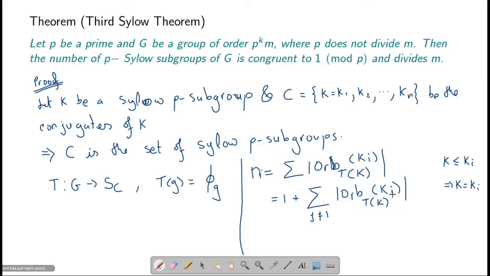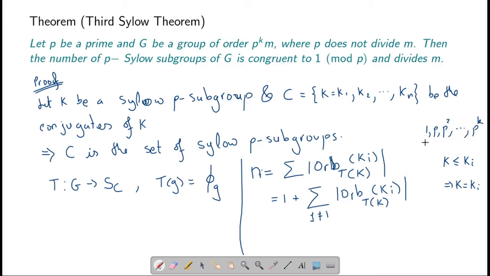But the possibilities for these, like we have seen in the previous theorem, are only 1, p, p squared, because this should divide the number of elements in T of K, but the number of elements in T of K divides the number of elements in K, and the number of elements in K is p raised to k. Hence this can only be 1, p, p squared up to p raised to k.